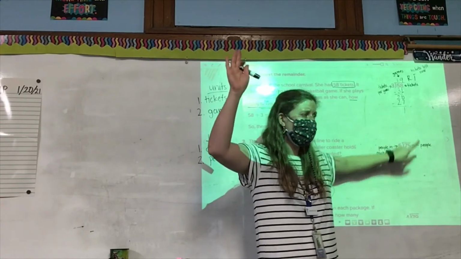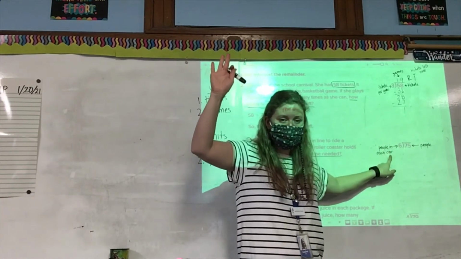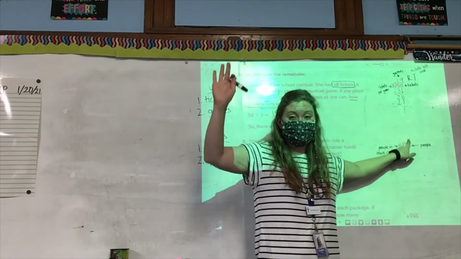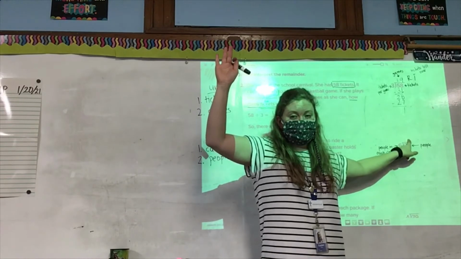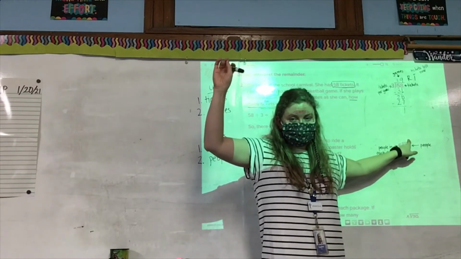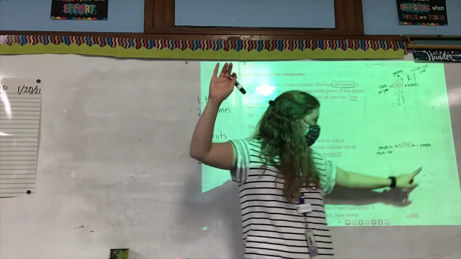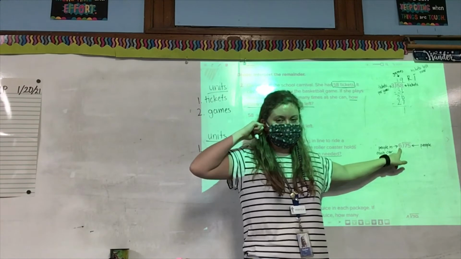Which means our answer has to be the number of items in each group or the number of groups. If our divisor tells us the items in each group, is our answer going to be the items in each group or the number of groups? Zari? The items in each group. But our divisor is the items in each group.